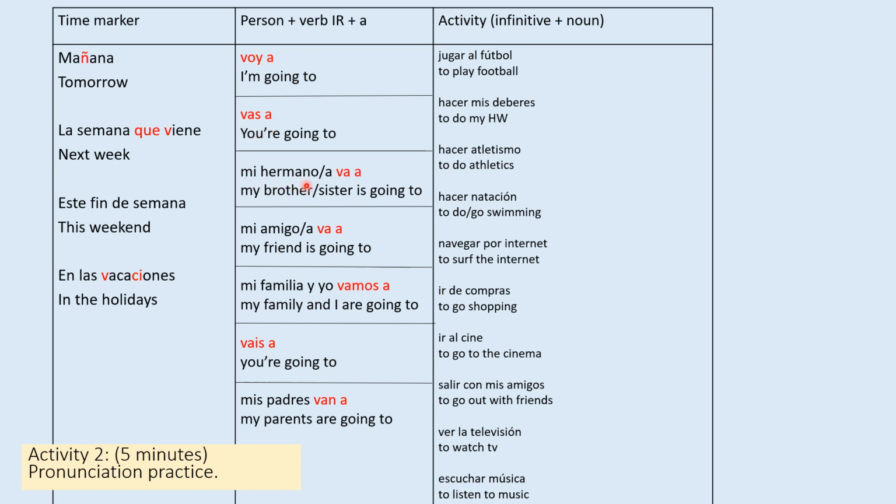Mi hermano va a. Mi hermana va a. Mi amigo va a. Mi amiga va a. Mi familia y yo vamos a.